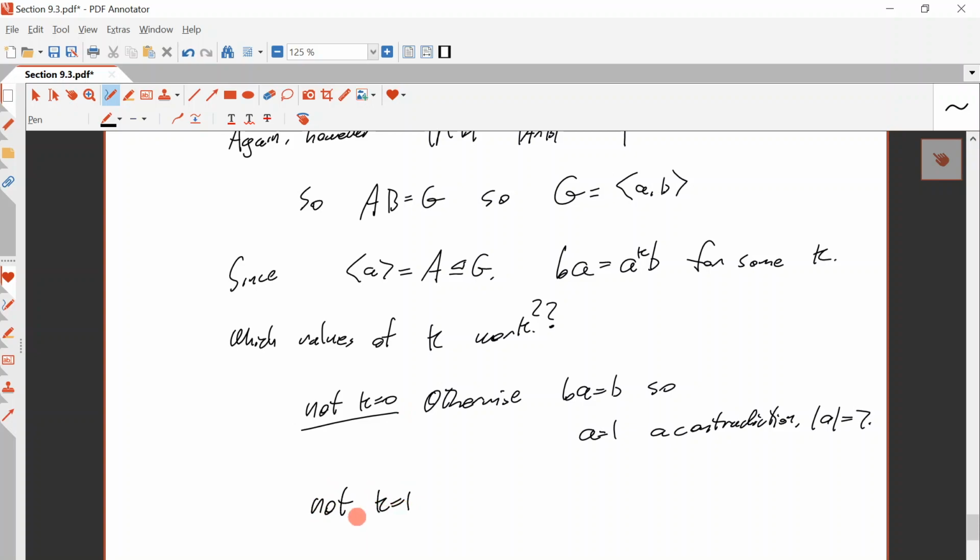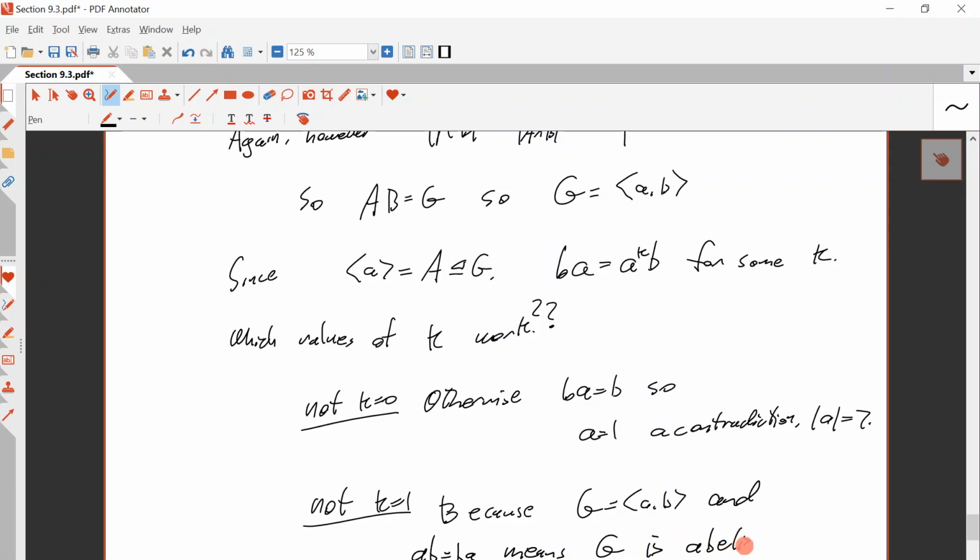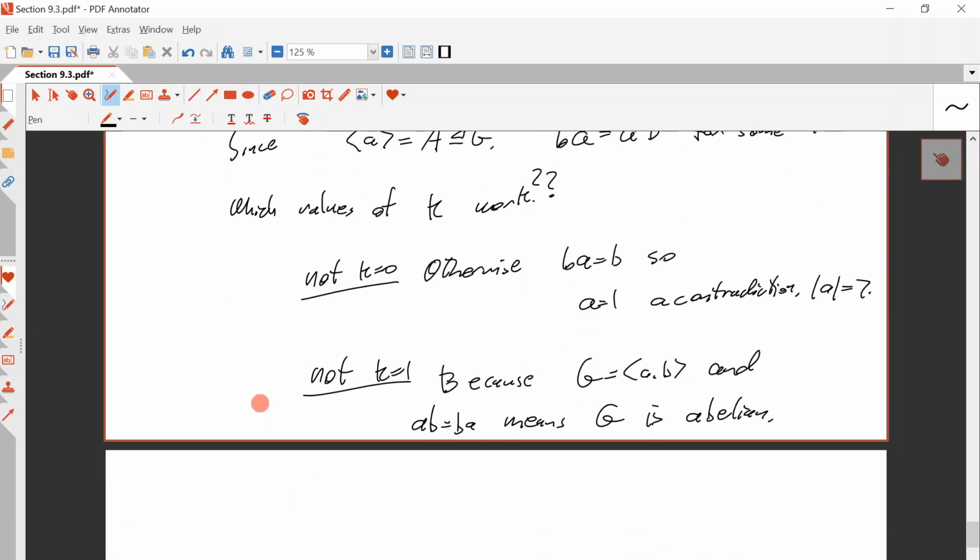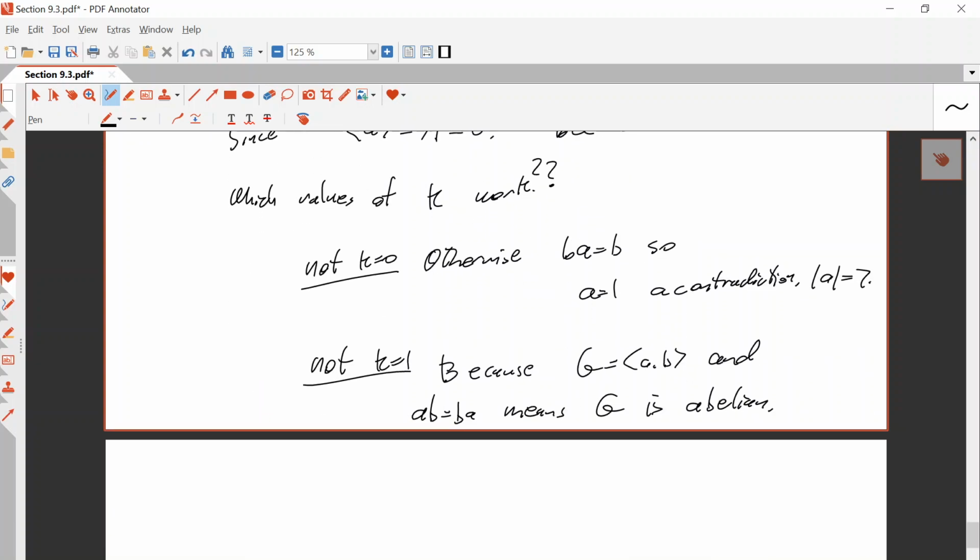Not K equal to 1, because then AB equal to BA means G is abelian, which it's not. So not K equal to 0, not K equal to 1. Okay, so it's K equal to 2, 3, 4, 5, or 6.